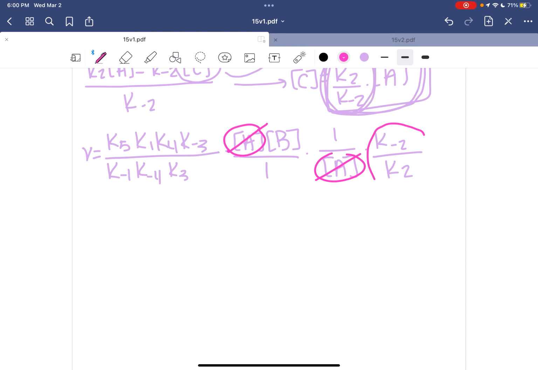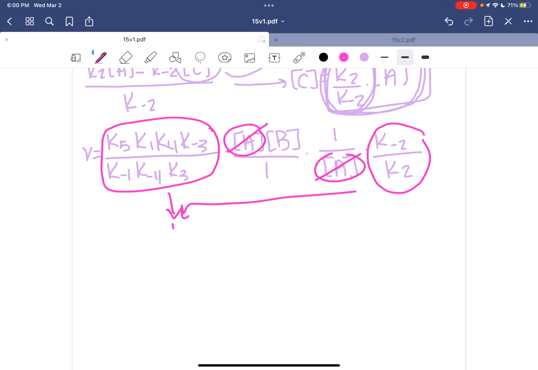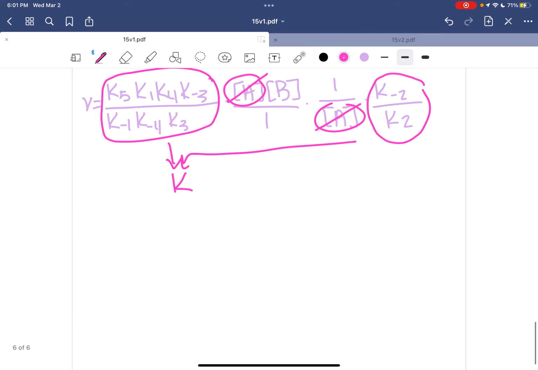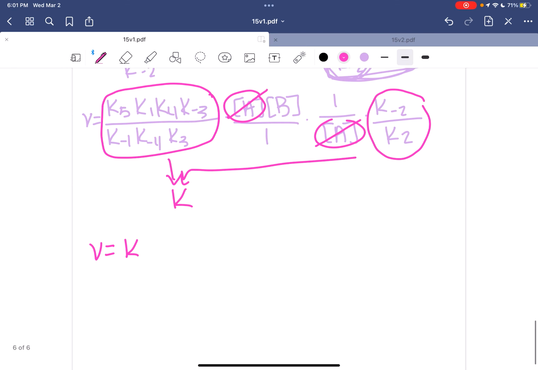And then all of the K values, we're just going to say are equal to some arbitrary K. Since we don't know what the numerical version of those K constants are, we want to shorten this. And so we're going to say that our rate is equal to some larger K, or K combined, if you will. And then our A's cancel out. We have the concentration of B left over, and that's it. That's our simplified rate law.